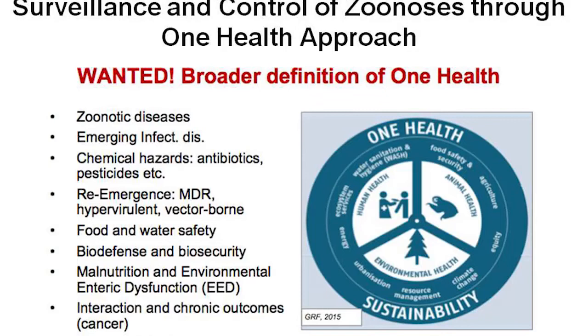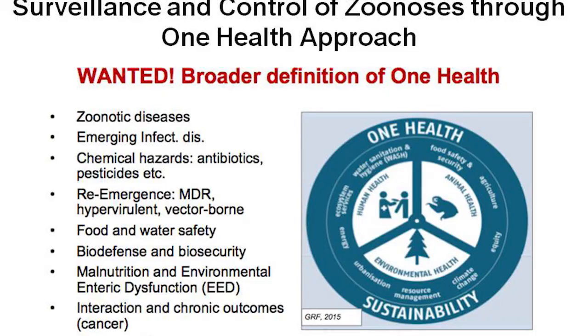underdiagnosed. Surveillance is very important in understanding the epidemiology of diseases and how we can make control approaches. So we need to use a One Health approach in zoonotic disease surveillance. Previously, public health experts were doing their own separate work, and veterinarians were doing their own work.